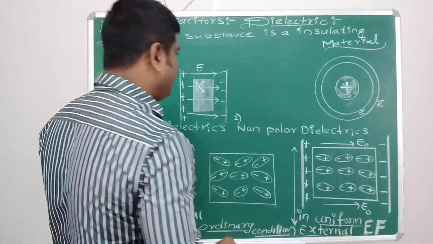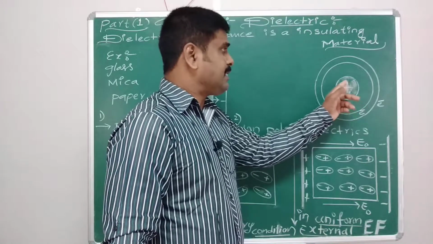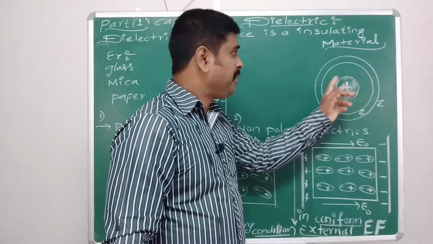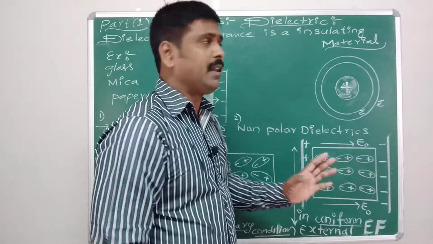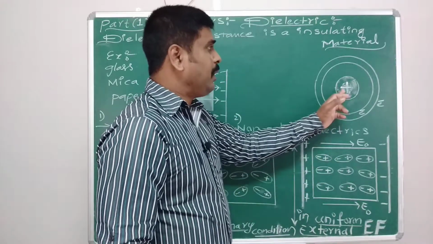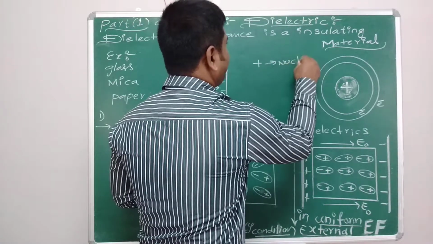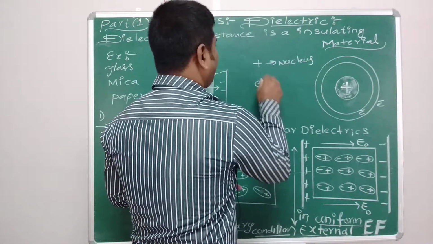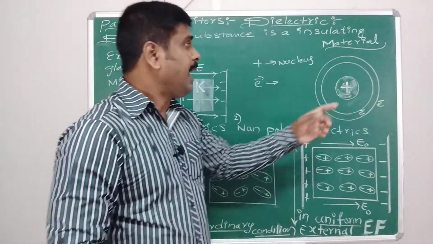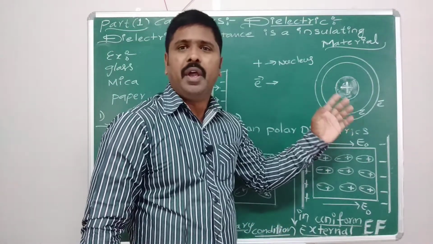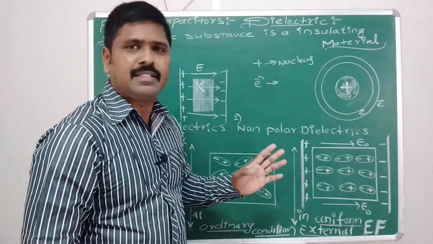Remember these points. Next, in dielectrics, this is the nucleus. Around the nucleus, electrons are revolving in a circular path. The nucleus is the positive charge and the electron is the negative charge. The electrons are tightly bound to the nucleus in a dielectric substance.